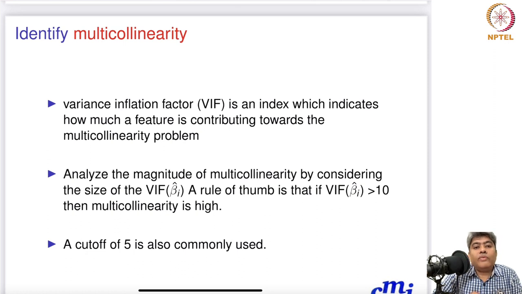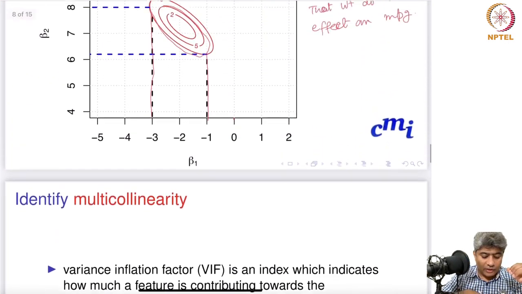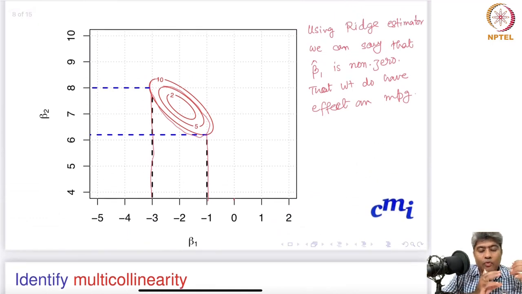In summary, because of the extreme correlation between the predictors, that correlation gets induced in the sampling distribution of the OLS estimator.